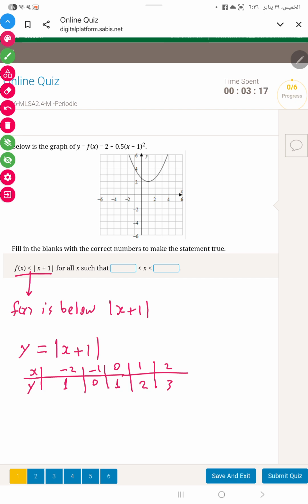Now let's plot the table. -2, 1 is here. 0, 1 is here. -1, 0 is here. 1, 2, and 2, 3.